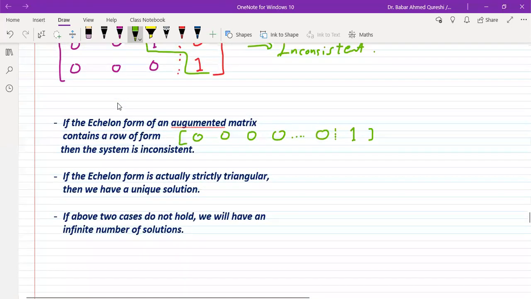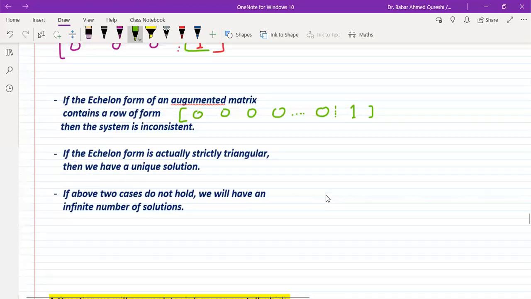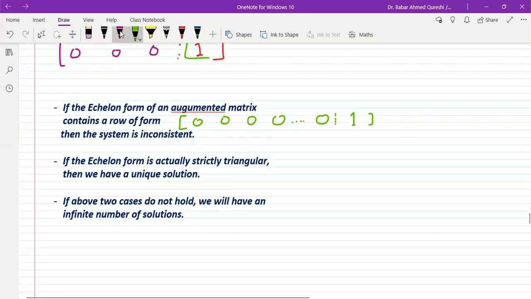So we have covered everything, and we know now exactly what kinds of solutions are possible, how we can tell, and how we can find all those solutions. Just reduce the matrix to echelon form. This is called the Gauss elimination method.